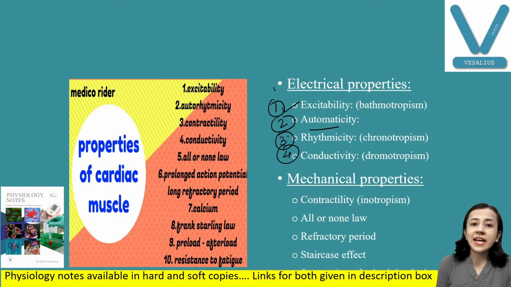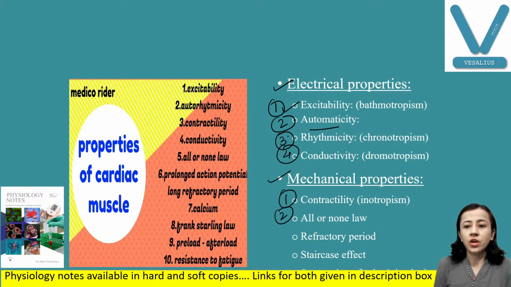These four are electrical properties. Then the mechanical properties include contractility, the all or none law, the staircase effect, the refractory period, and summation. These are all the properties of cardiac muscle.